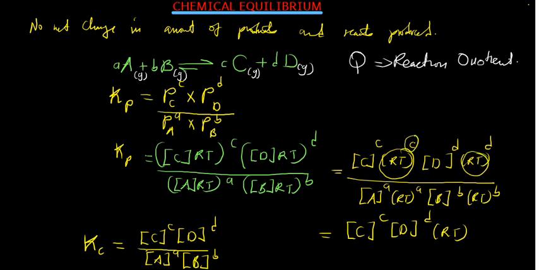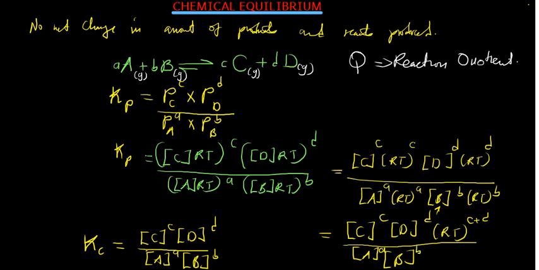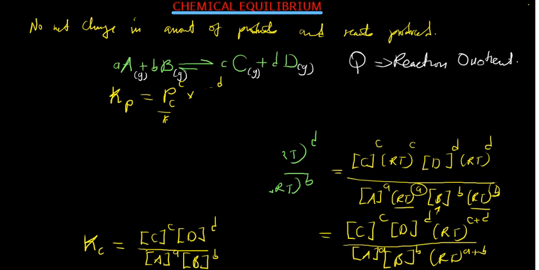So same bases multiplying, just add the powers, and so that is going to be to the power C plus D. And then we are going to divide that by the concentration of A raised to the power A, concentration of B raised to the power B, and then we also have RT there. We can see that the same bases multiplying, we are going to add the powers, so that will be A plus B.